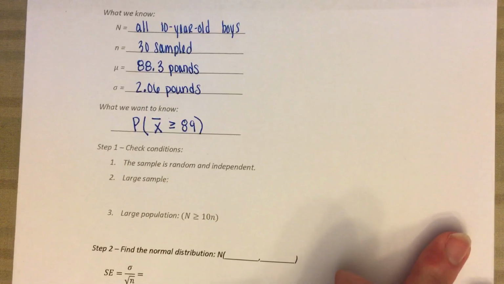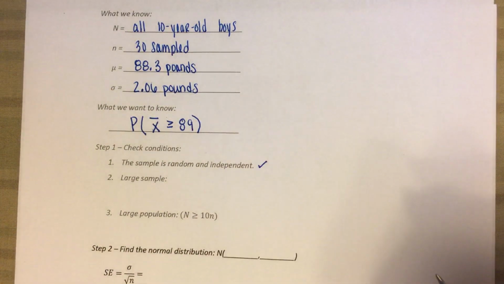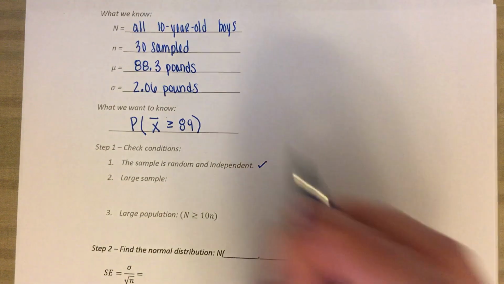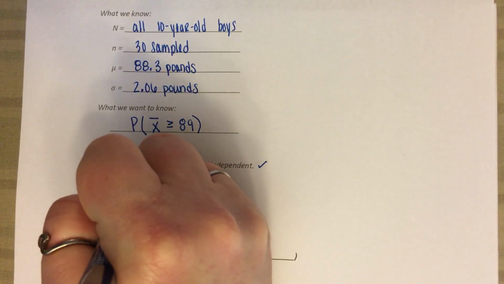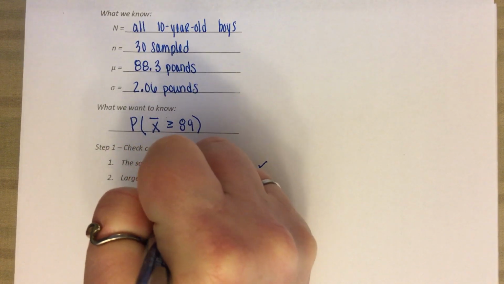Now we're going to check our conditions. The sample is random and independent. We are going to assume that that is true. A large sample: technically our sample is large enough, but if we look back to our question, it says that this distribution is normal. So I'm going to just say here, the probability distribution is normal.